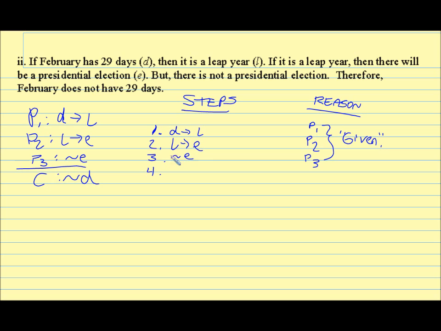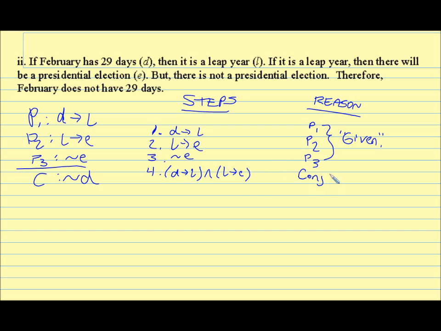So here's something that we can do. We can take premise 1 and premise 2, and if you know your patterns for argument forms, you know we can actually do a hypothetical syllogism with these. We're not doing the hypothetical syllogism yet.